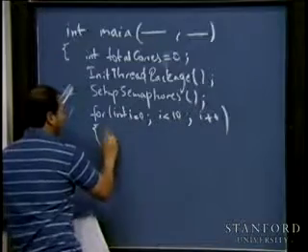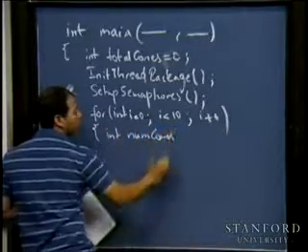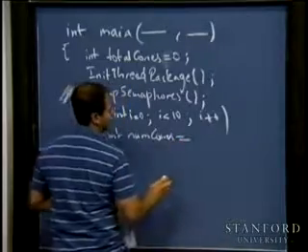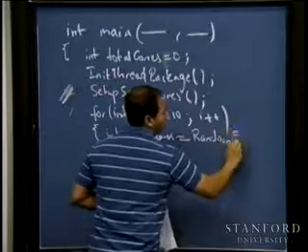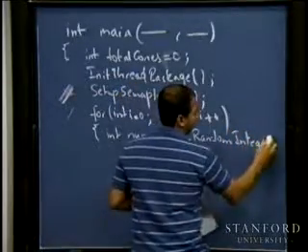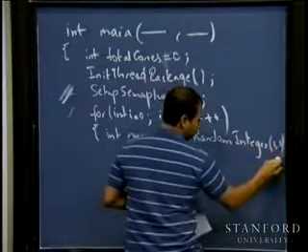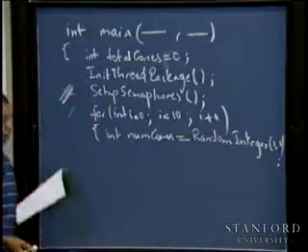So we have an int num_cones equal to a function random integer that gives me back a number of cones between 1 and 4. This function is in the more concurrency handout, so I'm not going to repeat it.